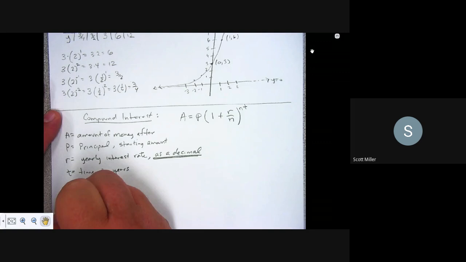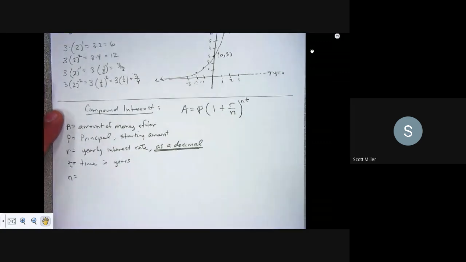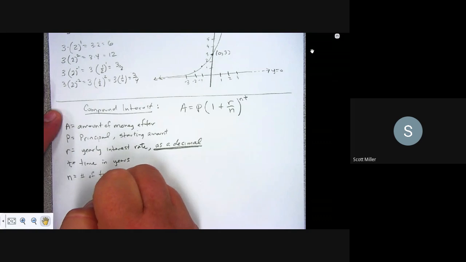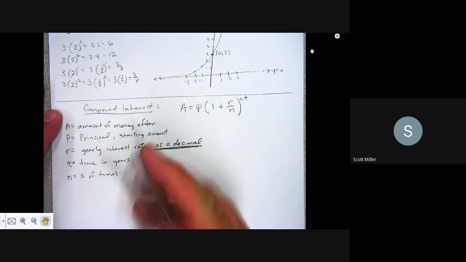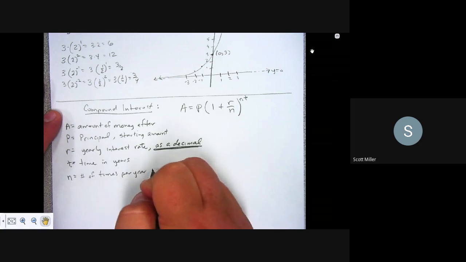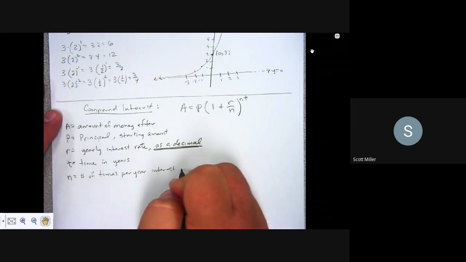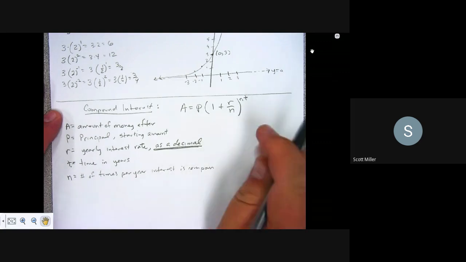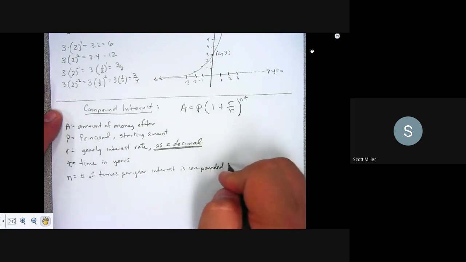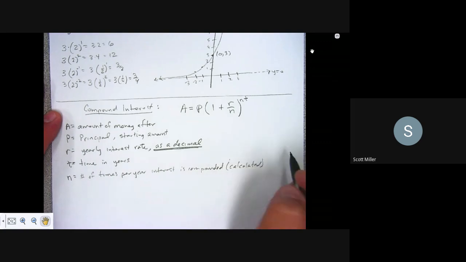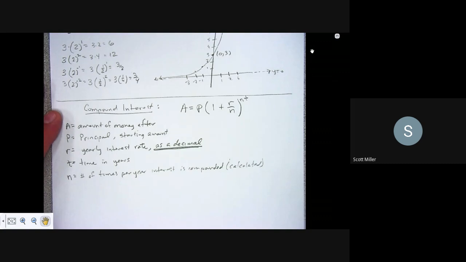And then the N, in this particular problem, stands for the number of times per year that interest is compounded, which means calculated. Okay, how many times are you going to figure out your interest that you earned? So that's what all the letters represent.